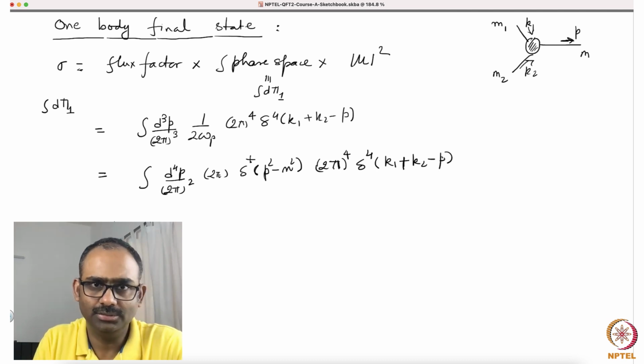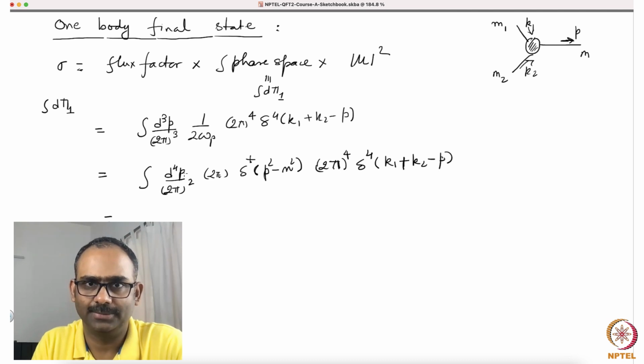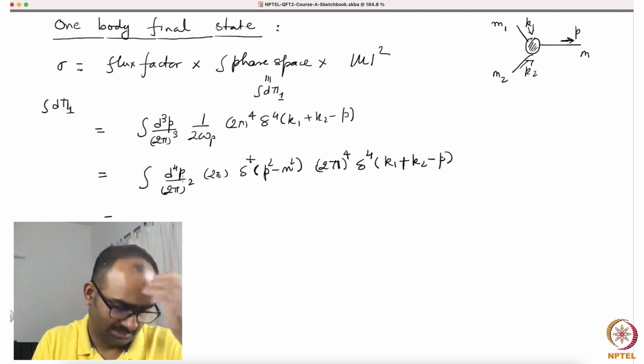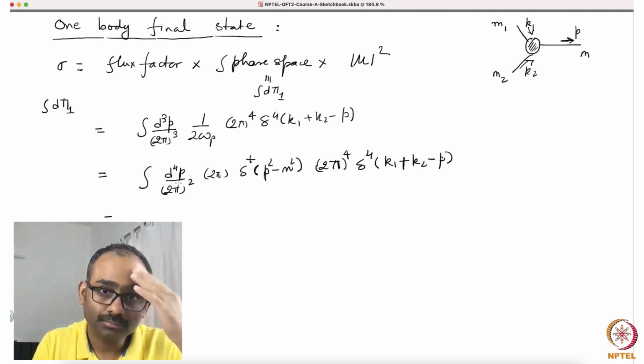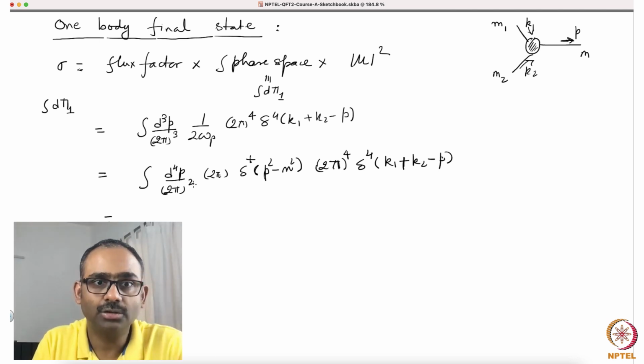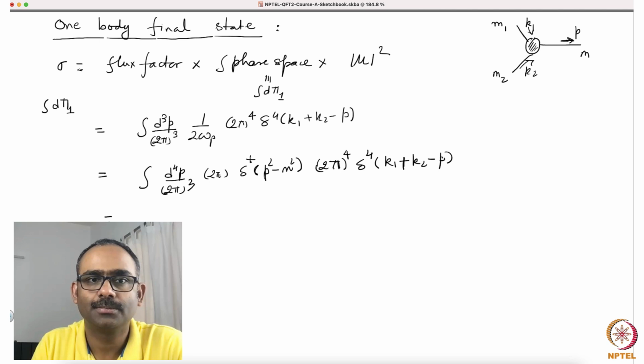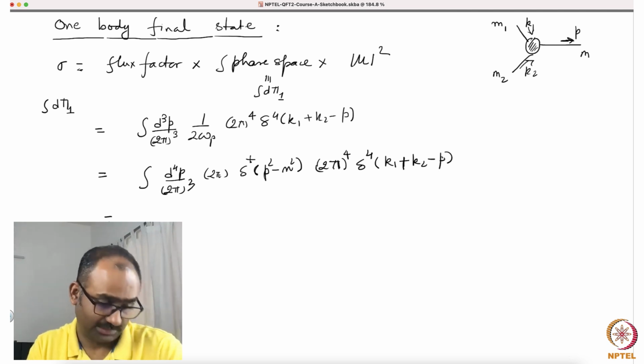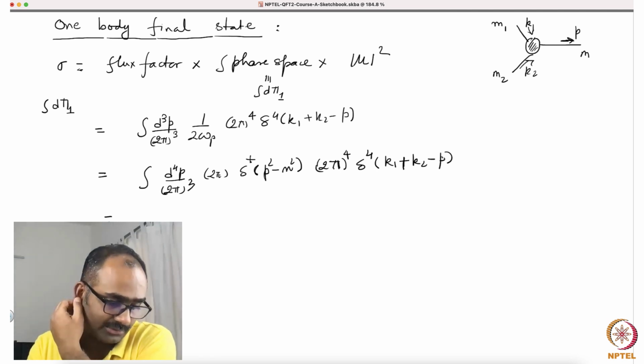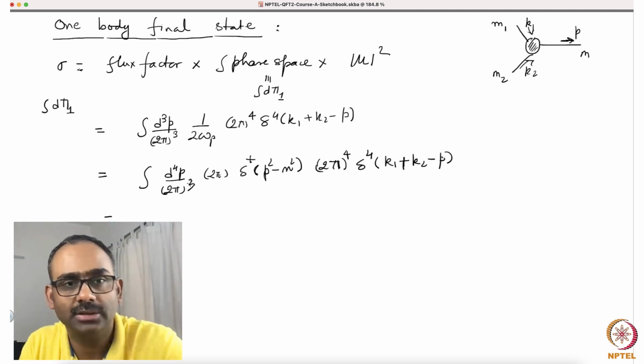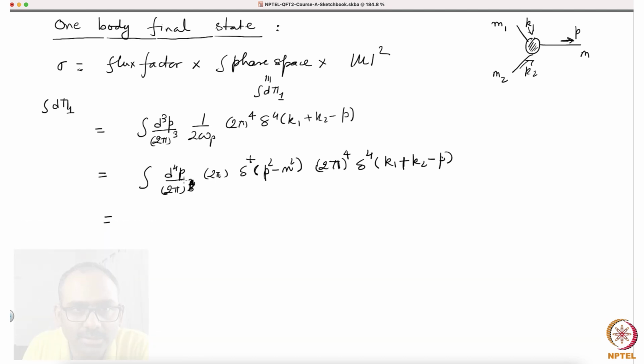And then I can do this integral d4p, d cube p, sorry. So what will that give? It gives a factor of 2 pi to the 4. Sorry, that's the mistake. That's why my factors were not matching. So this 2 pi to the 4 cancels 2 pi to the 4, and only this 2 pi is left.